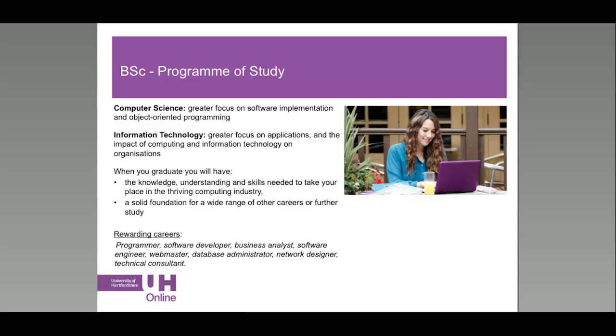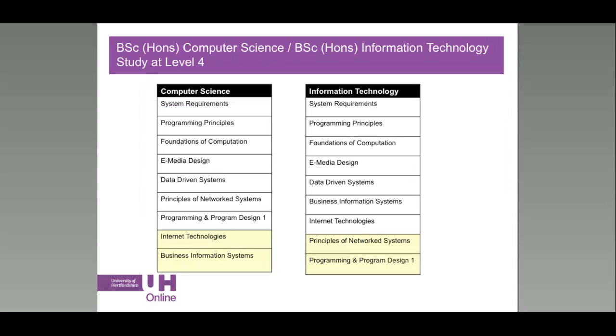There are a number of possible careers for our graduates, including programmer, software developer, business analyst, database administrator, and so on. Now it is a good point to have a look at the modules that you will be studying.